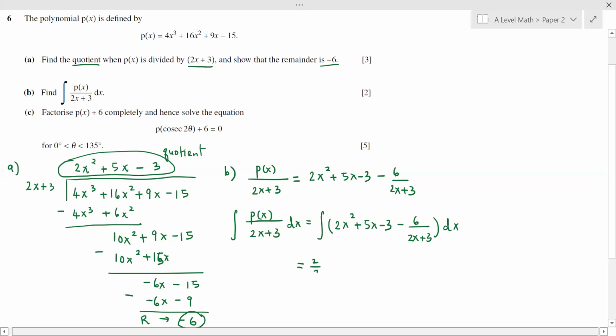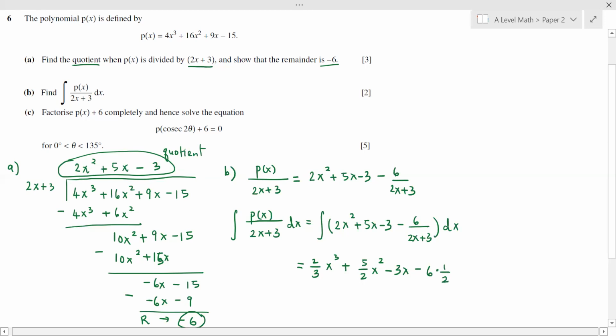The first term upon integration is 2 over 3 x cubed. The second term, 5 over 2 x squared, minus 3x. Minus 6: 2x plus 3 is in the denominator, so the antiderivative, or the integral, must be a log function.